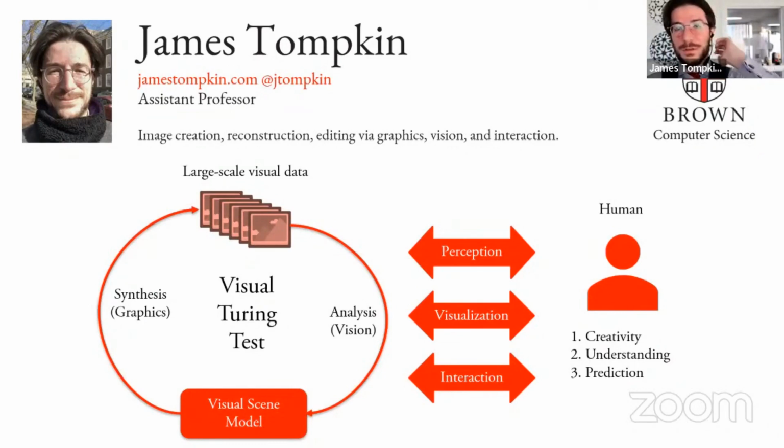So one of the interesting changes in visual computing recently has been this sort of cycle between graphics and vision. It's something that people have always talked about for a long time, about, oh, wouldn't it be great if computer graphics, the synthesis side of visual computing, could somehow be paired with powerful analysis tools from computer vision to make this kind of virtuous cycle where we can turn models of the world into data and then turn that image data back into models of the world, and you get this kind of like visual Turing test virtuous cycle, right?